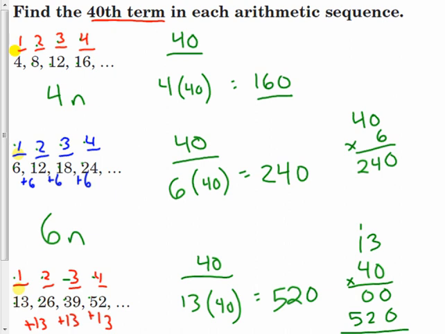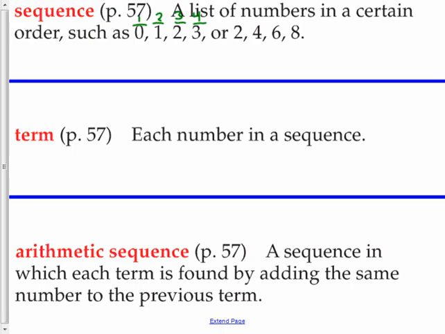So slight difference there in arithmetic and geometric. But in both cases, you're looking at a sequence and looking for a pattern to describe the pattern. That's most of what algebra is: looking for patterns and continuing patterns.